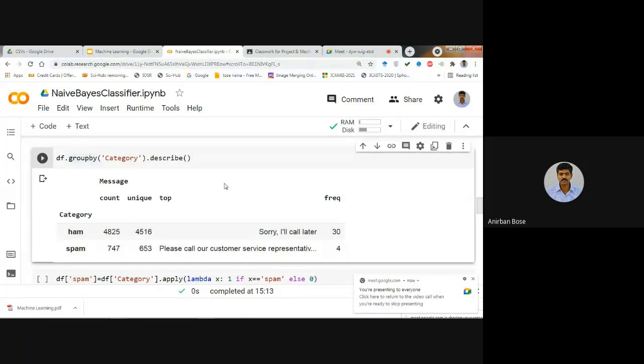Ham indicates the normal messages and spam indicates the spam messages. Okay, so you can see the count that is there in the second column. You see that total 4,825 ham messages or the normal messages are there, and out of them total 747 messages are spam. Okay, and within that ham messages, again unique messages are 4516, and some of the messages are exactly similar. Okay, so similarly that is happening in case of spam. So that gives you an idea about what is there within the messages.